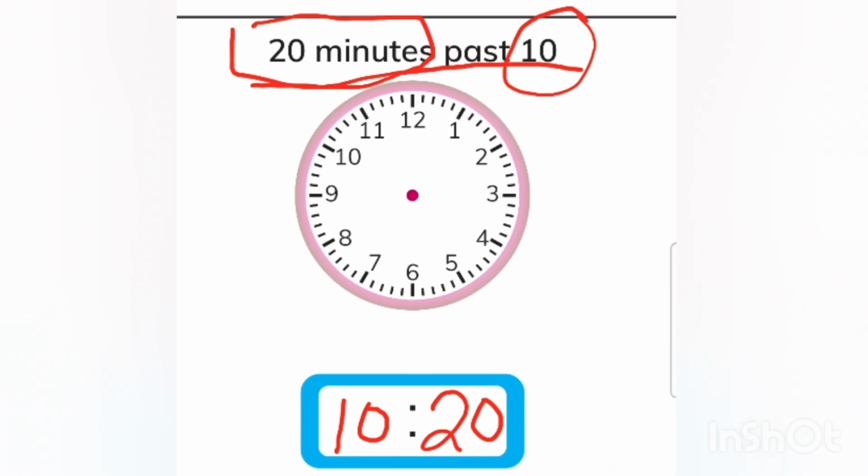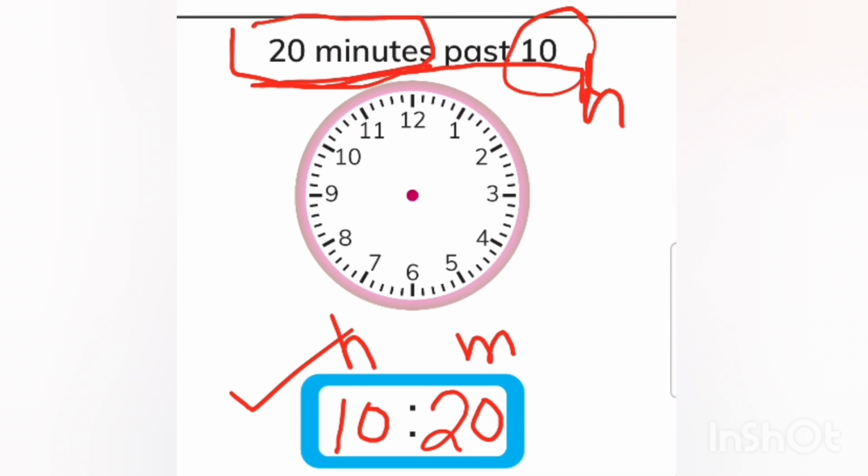So in a digital clock, first we write the hour and then the minute. H is showing hour and M is showing minute. 10 is the hour here, and 20 is the minutes. So you just write 20 here and this becomes 10:20.